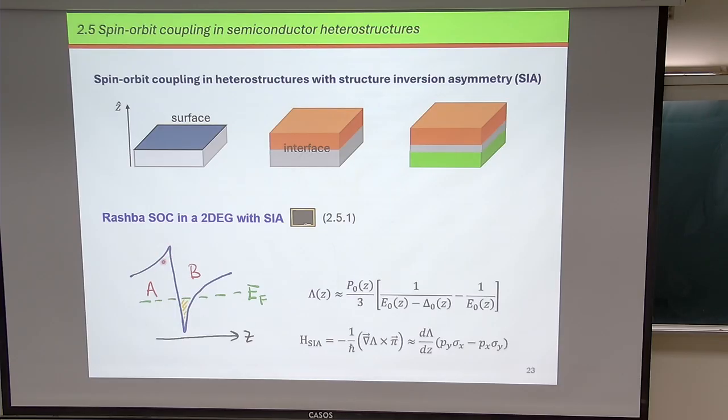Let's say that this is the conduction band of material A, and here we have the conduction band of material B. But if I have doping, it's going to bend, so I can have a situation where the profile of the electric field across the heterostructure looks like this.